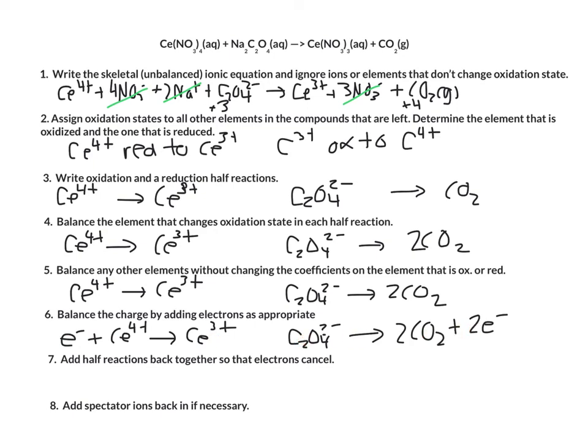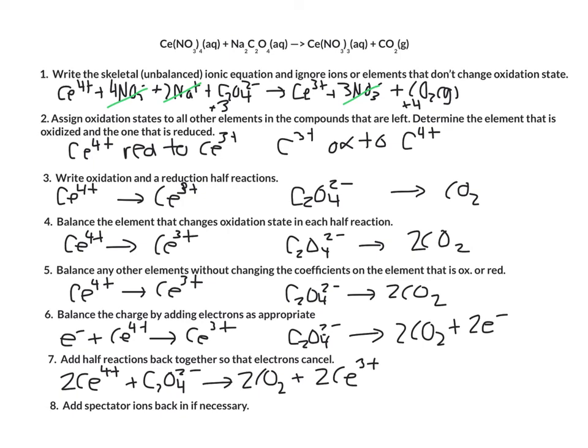So when I do that, I have 2 cerium 4+ plus my oxalate goes to 2CO2 plus 2 cerium 3+. And my electrons have canceled, so once I've added the half reactions back together, I should have no electrons in my equation.